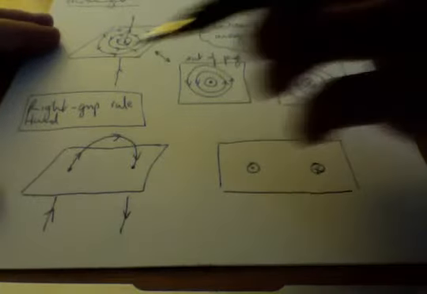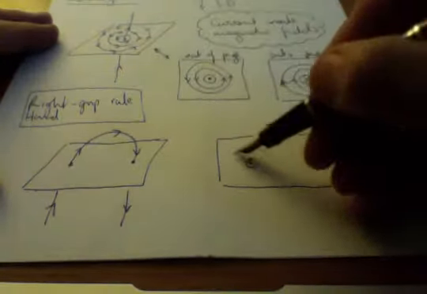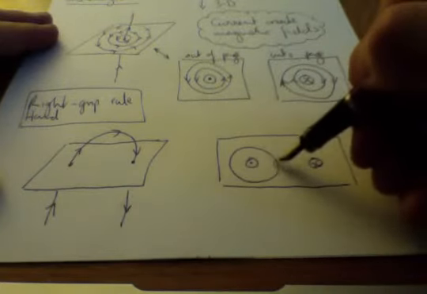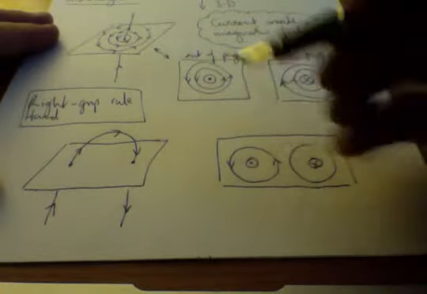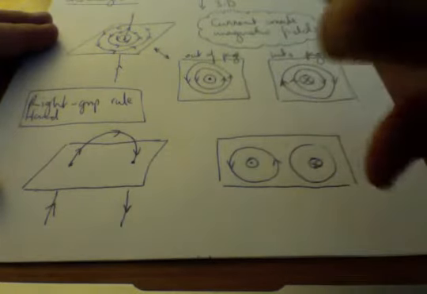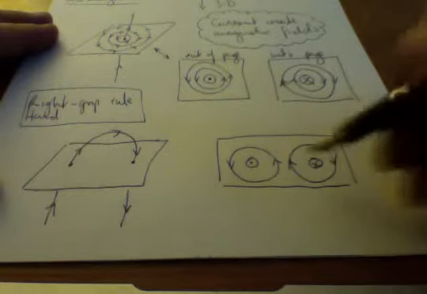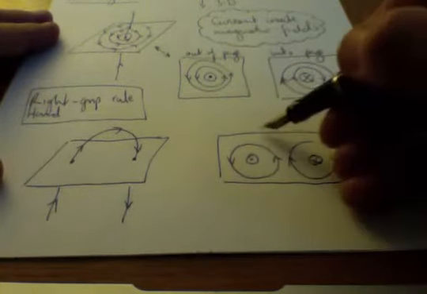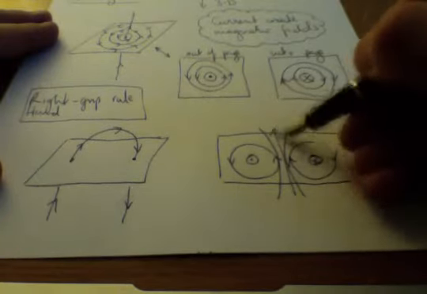So with my right hand grip rule, I'm going to have this type of magnetic field working in one direction and the opposite magnetic field, though the same shape, in the other direction. What we see is a building of the magnetic field through the middle.